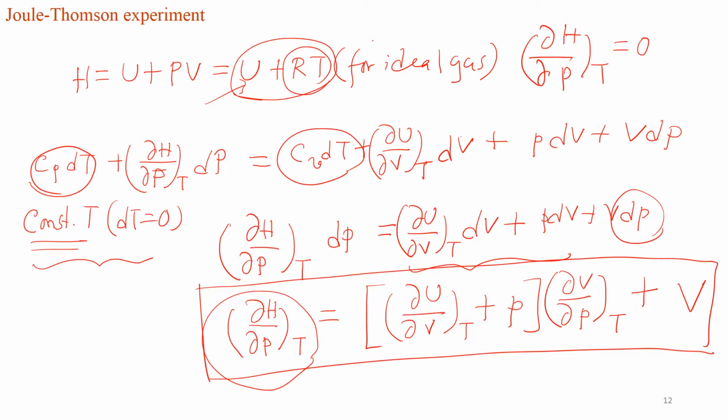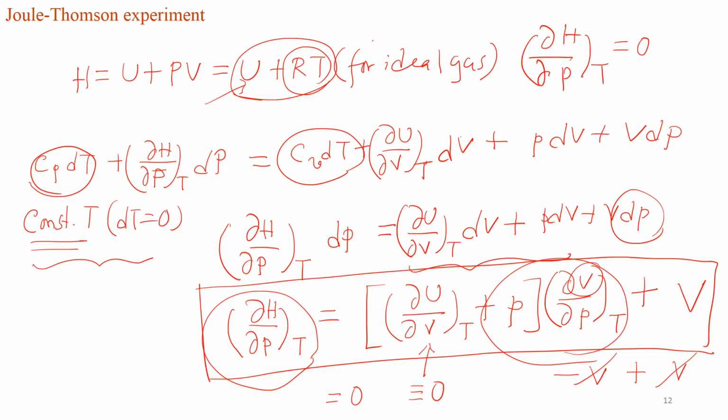You could also get it in a different way. For an ideal gas, this term is 0 as we already discussed. Now you can carry out this quantity: you just write V in terms of the pressure, which will be nRT by P, and then you can calculate this derivative and you will find that the answer will be minus V. This minus V cancels with this plus V and you will also get 0 if you follow this equation.